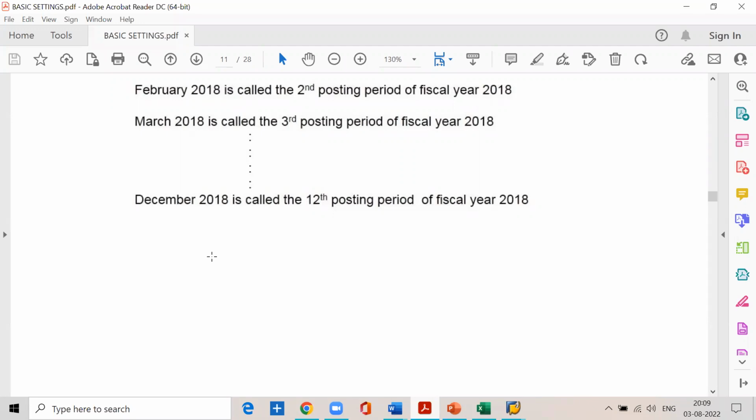That is, the special periods always start immediately after the last posting period of the fiscal year.